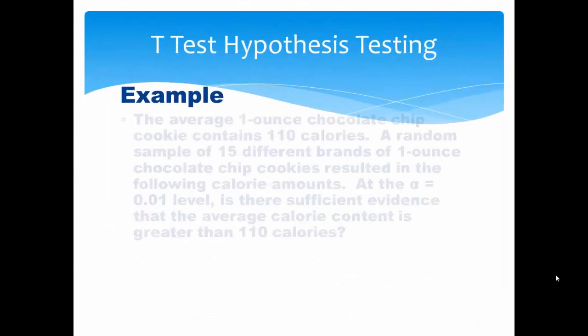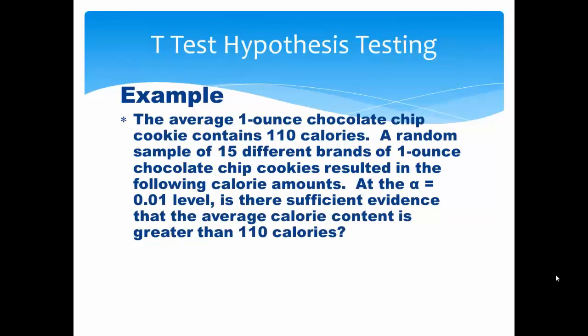My example is: the manufacturer claims that the average calorie count for a 1 ounce chocolate chip cookie is 110 calories. As a researcher, I do not believe this. I think that it's actually more than that.